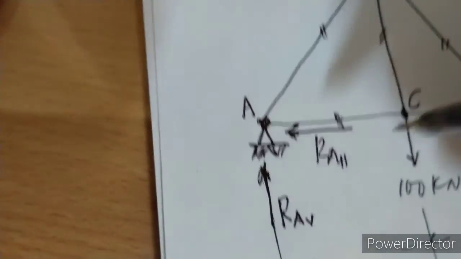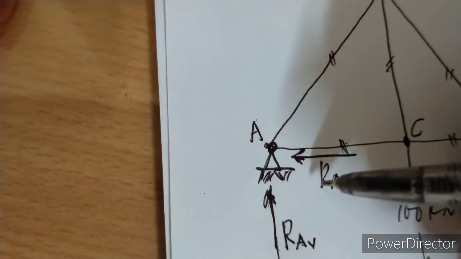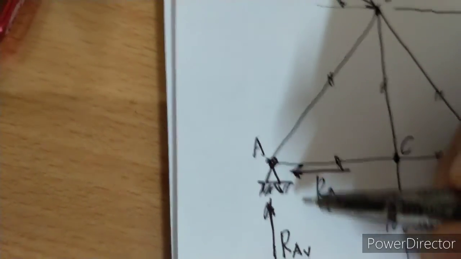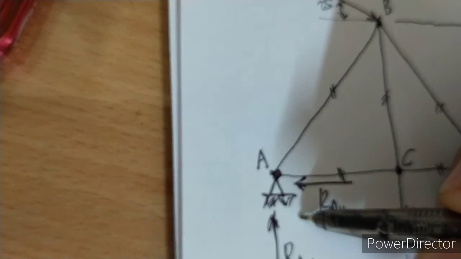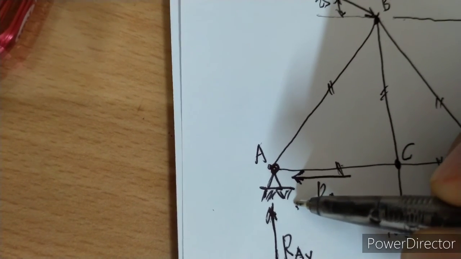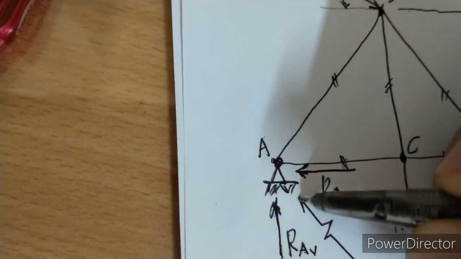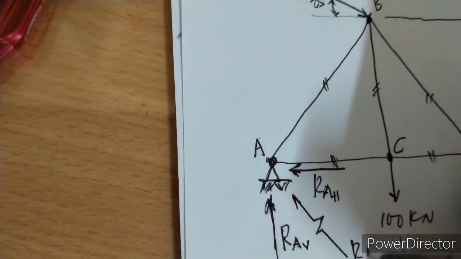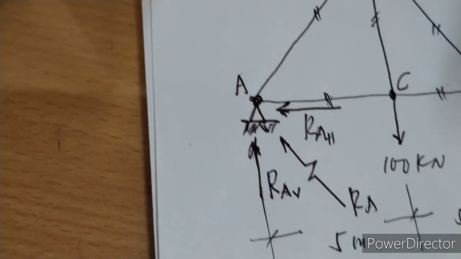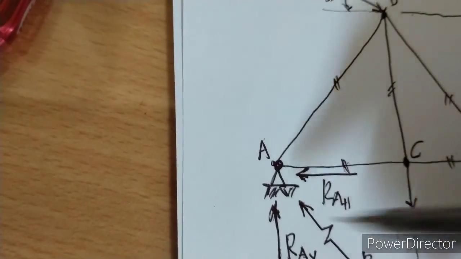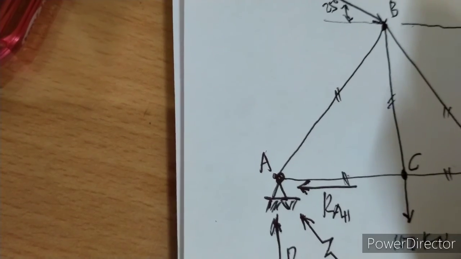So let's also represent the reaction at A acting on this point. This is actually RA. Why is it diagonally directed?